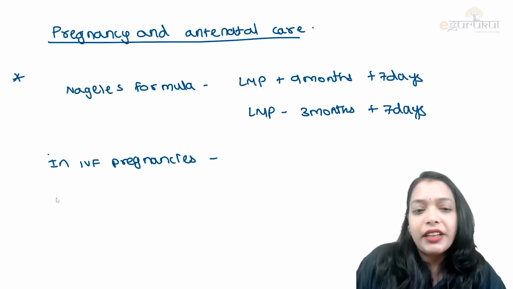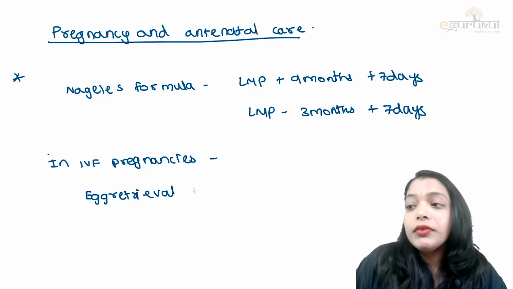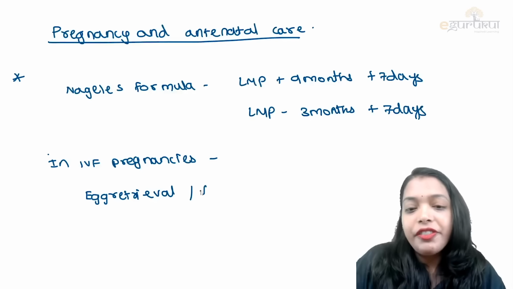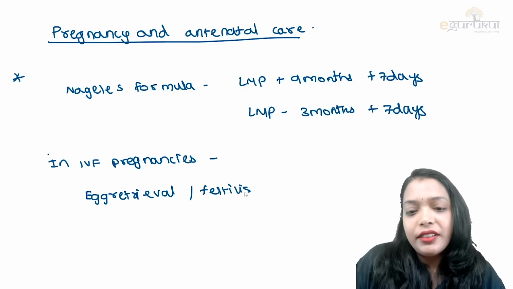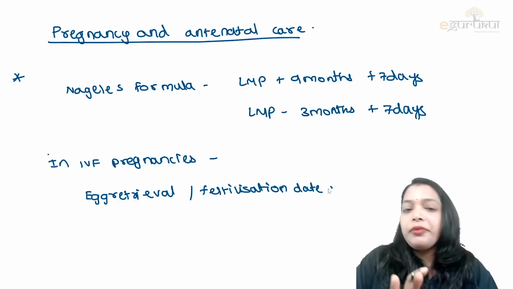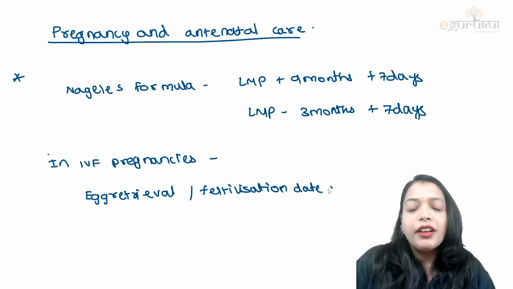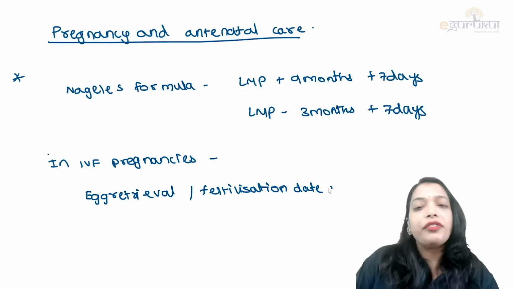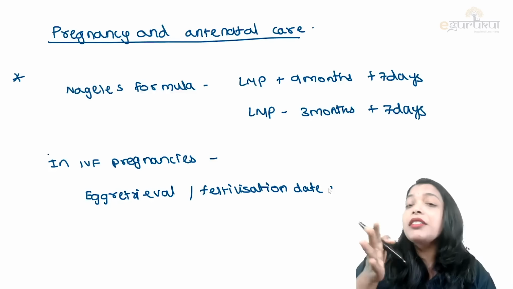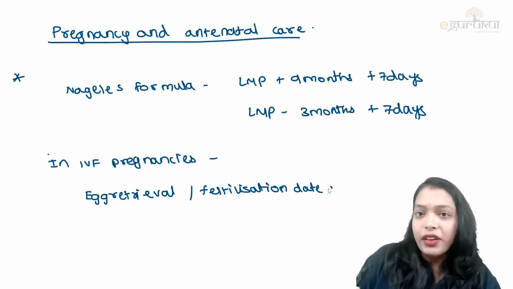In IVF pregnancy, if you have done egg retrieval or fertilization date, that egg retrieval and fertilization will be done on the same day. So if you have an egg retrieval date or fertilization date, that means the previous follicular phase or the 14 days are over, right?